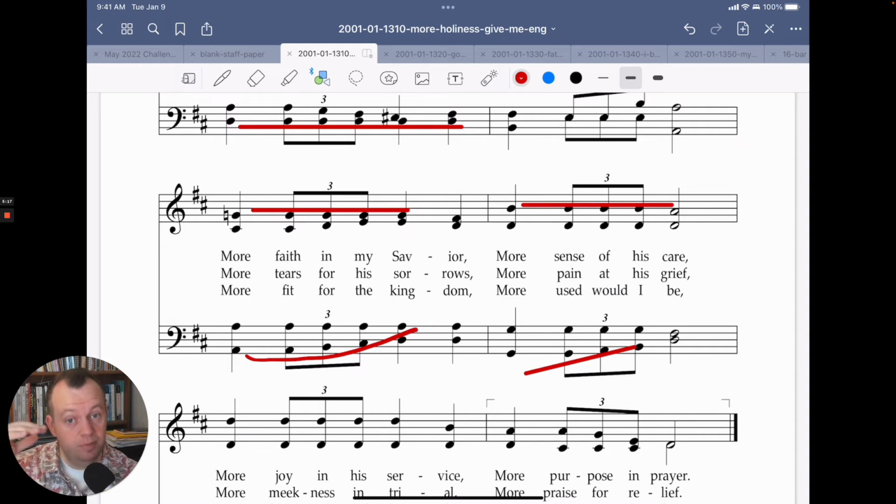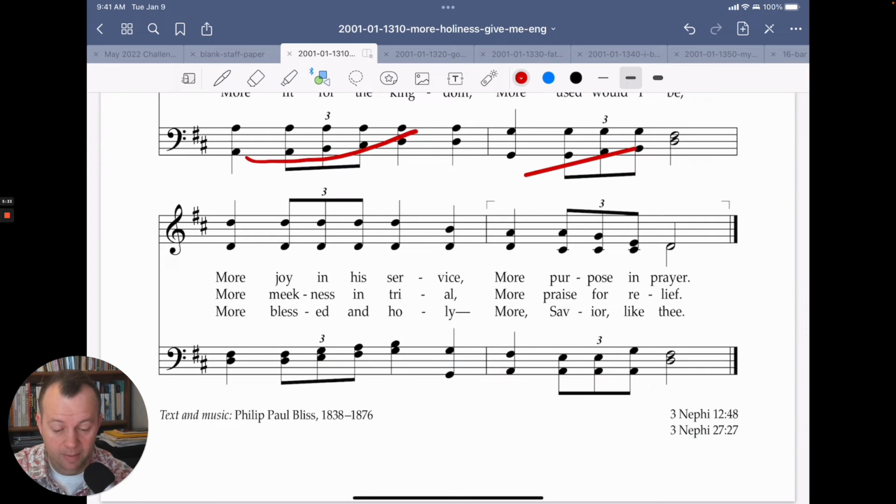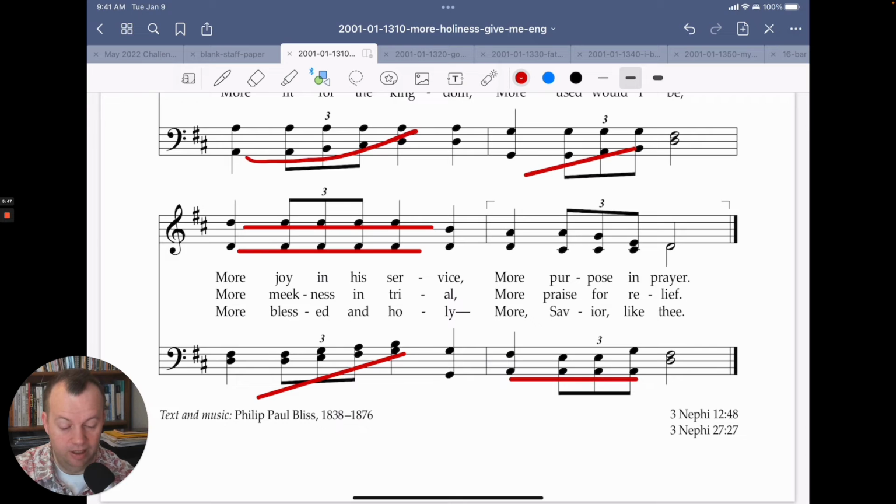So it doesn't just have to be in the lowest voice that you have oblique motion, the steady voice, and the upper voice moving. You can also have the steady voice in the upper part and the moving voice below. And then we get oblique to the max here because both the sopranos and the altos stay steady, and both the tenors and the basses move in oblique motion against the upper voices. And then one last bit of oblique motion here while these stay the same and these move down.